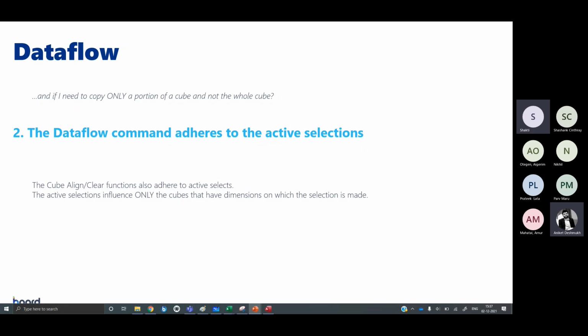So for example, you have a year dimension in your procedure, but your cube doesn't have the year dimension. That means there is nothing to influence, isn't it? It could be a source cube or it could be a target cube.